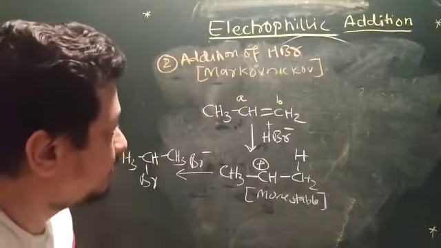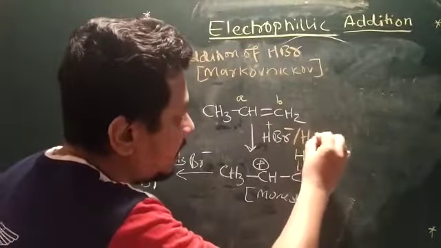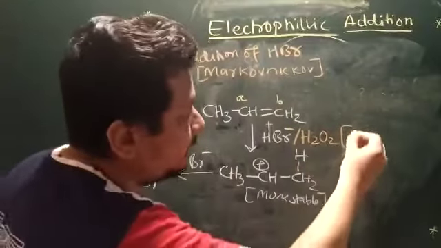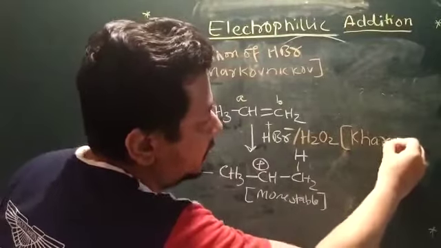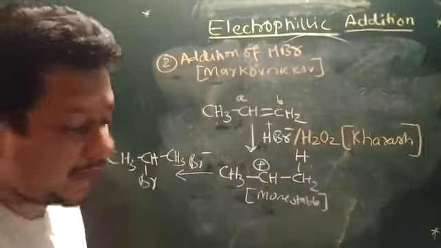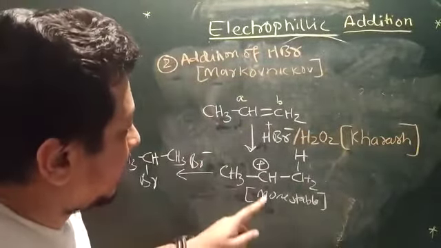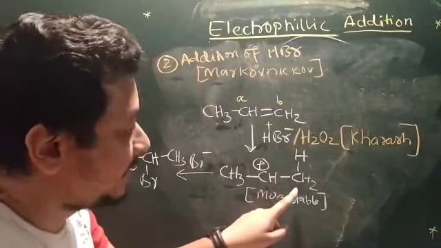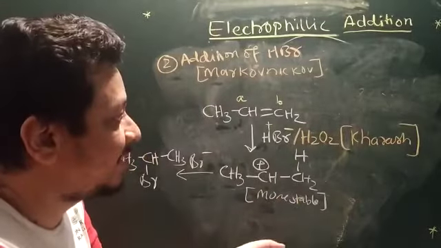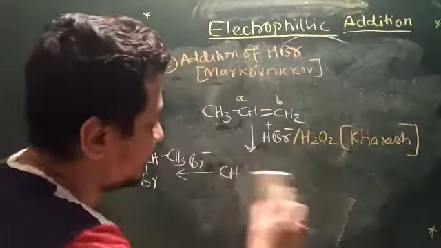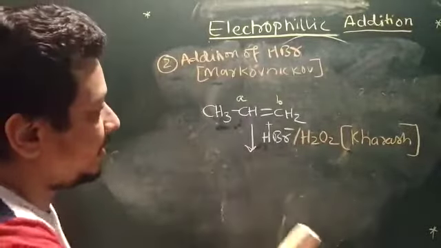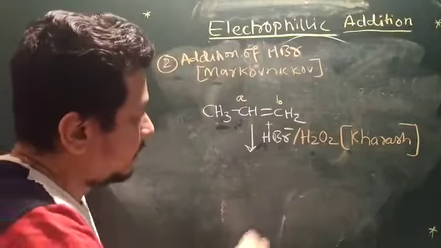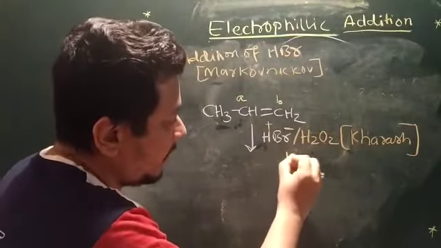Now, if you would have added hydrogen peroxide, that is known as the peroxide effect or Kharasch effect. Then the nucleophile would have added not to the more stable carbocation but to the least stable position. But the thing is, over here, there is no carbocation getting formed. In HBr, in the presence of peroxide, HBr can form H dot and Br.